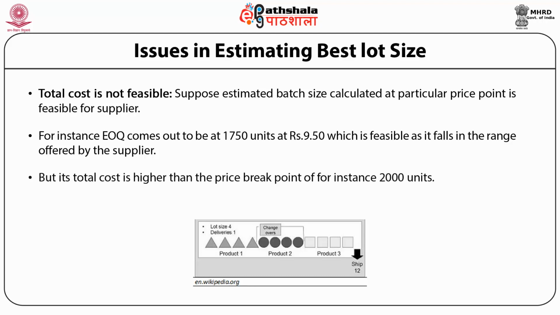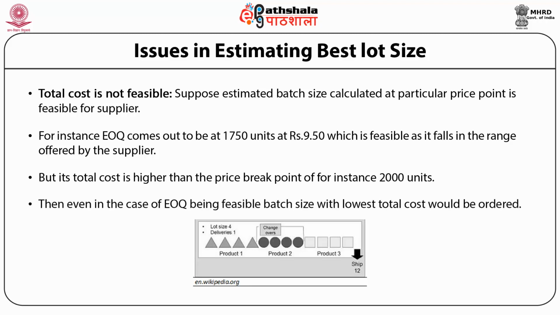But its total cost is higher than at the price breakpoint, for instance 2000 units. Then even in the case of EOQ being feasible, batch size with lowest total cost would be ordered.